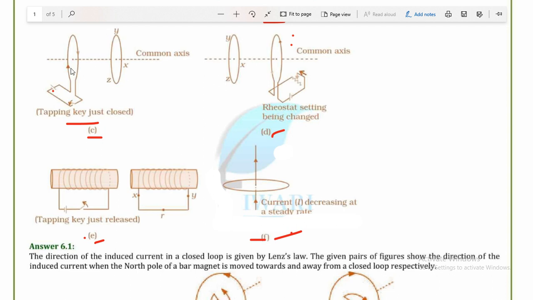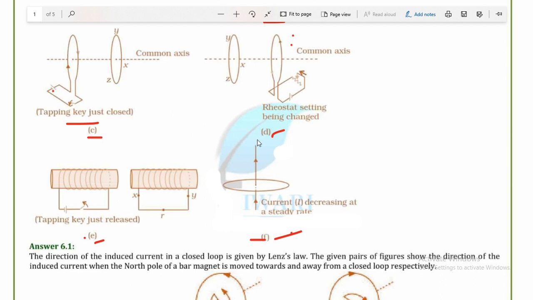Now if the current in this loop is in the clockwise direction, you can see here, what will be the direction of the induced current? And you know that the induced current develops in such a direction that it can oppose the cause by which it is produced.